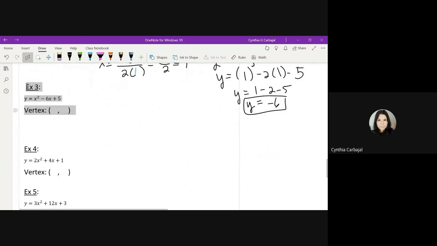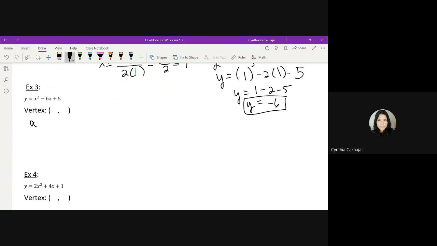I don't like how crowded these are. Let me make more space here. Okay, so here, first thing you want to do is find your A. So A is 1. Your B is -6. Okay, so A comes from here. B comes from here. And we use our equation x equals -b over 2a.